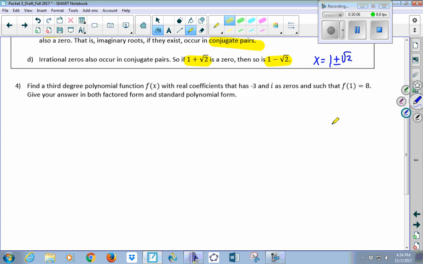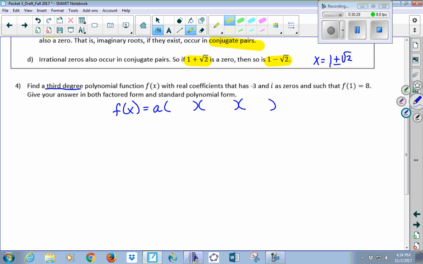The first thing that I do is, when I see that I have a third degree polynomial, I start with a very general form of the polynomial, where I have some leading coefficient that I don't know the answer for yet. And since it's a third degree, I'm going to write 3 groups of parentheses.